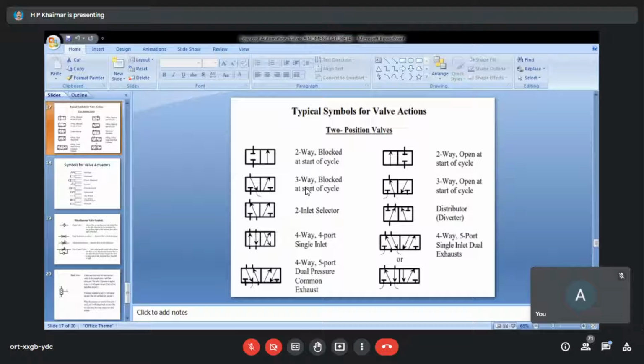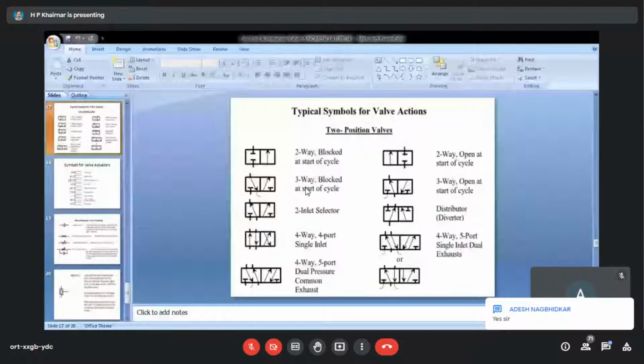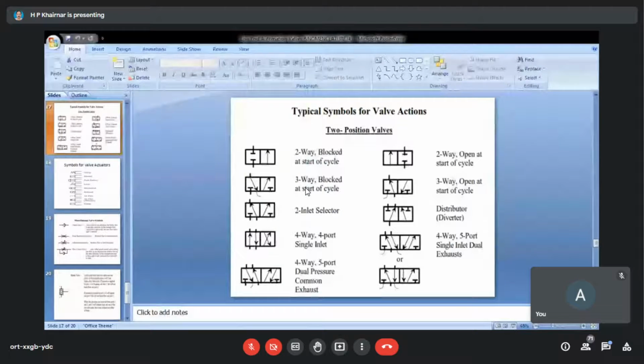Ayush is there. Ayush, Abhishek, Adesh. Yes, sir. Ayush Patel. Aditya Singh, Amar, Aniket, Anjali. Yes, sir.